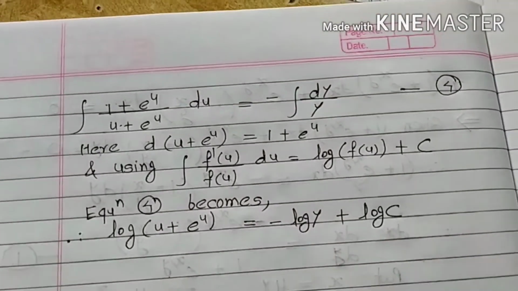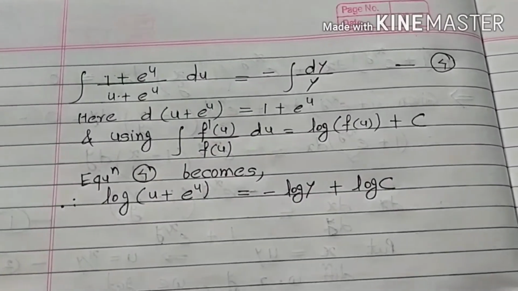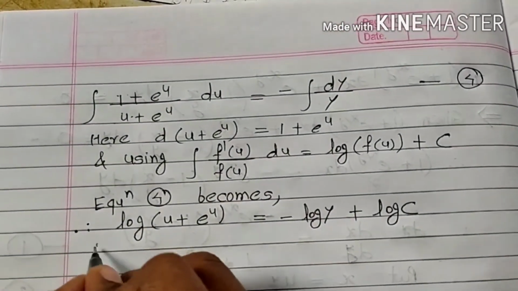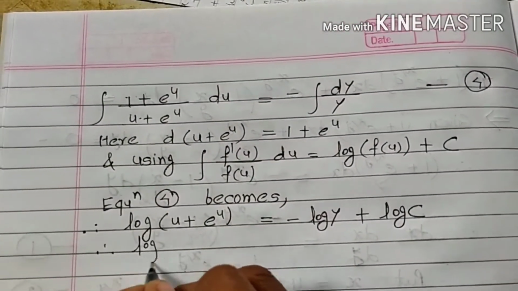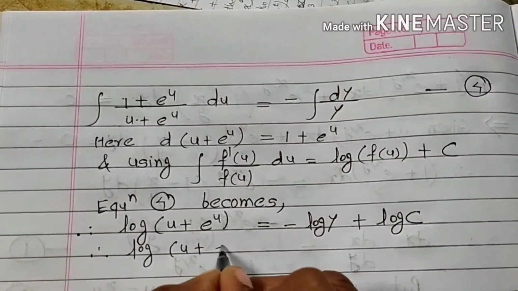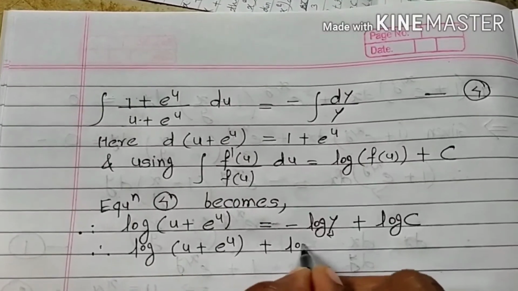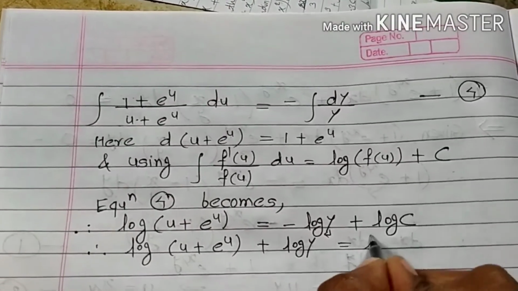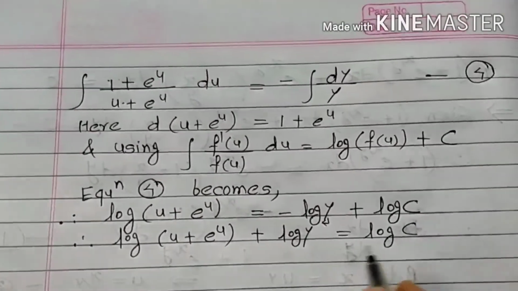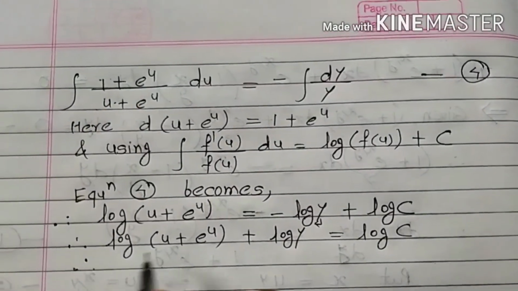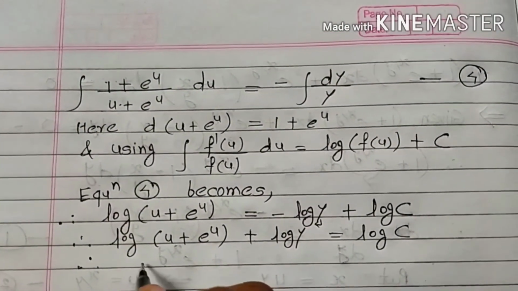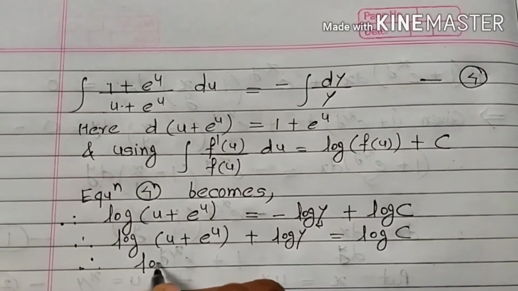Log c is the integration constant. Okay. So therefore log of u plus e raised to u, this term goes to the LHS, which is equal to log c. Okay. Log m plus log n is log m into n.